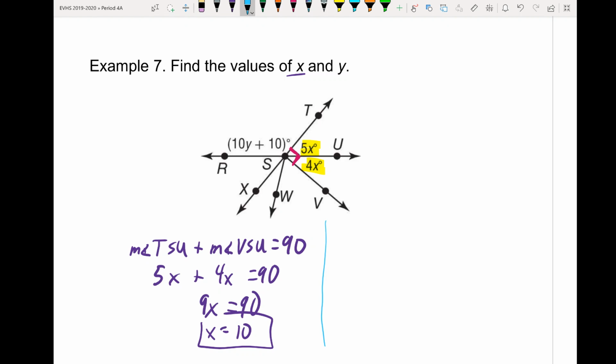However, I also want to know Y. And so when I look at my Y here, the only thing I'm seeing as a common relationship is it looks like that angle RST and angle TSU are a linear pair, which means they add to how many degrees? 180. So the measure of angle RST plus the measure of angle TSU equals 180 degrees.